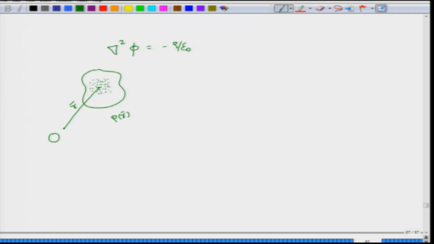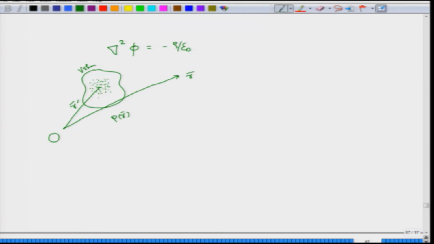Now, because I want to look at the potential at another point, which would also have a position vector r, I can't use the same r for both. So I am going to call the position vector to the points within the volume where the charges are located r prime.